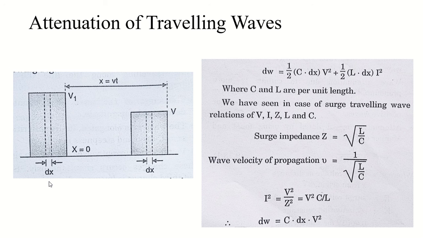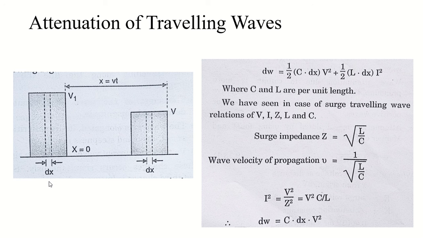So now that you know the values, and we have also seen in the case of surge traveling wave relations of V, I, Z, L, C when we discussed that, and we derived the whole term related to speed of light as well, right? When we derived the surge impedance Z equal to under root L by C, and velocity of propagation V equal to 1 by under root LC.